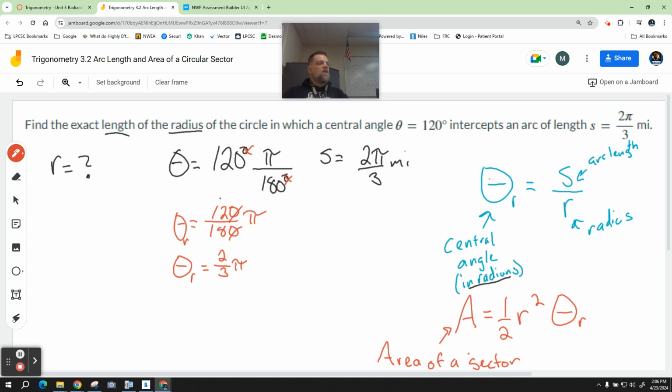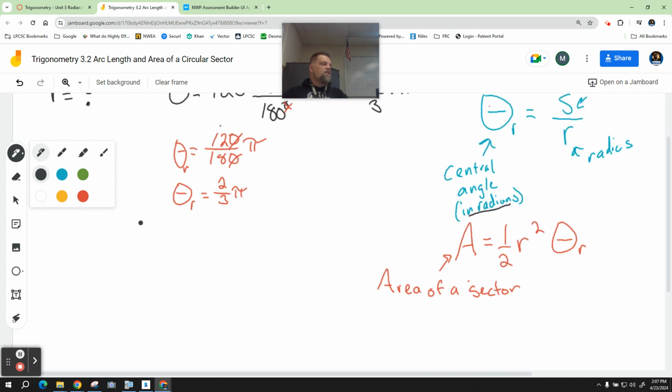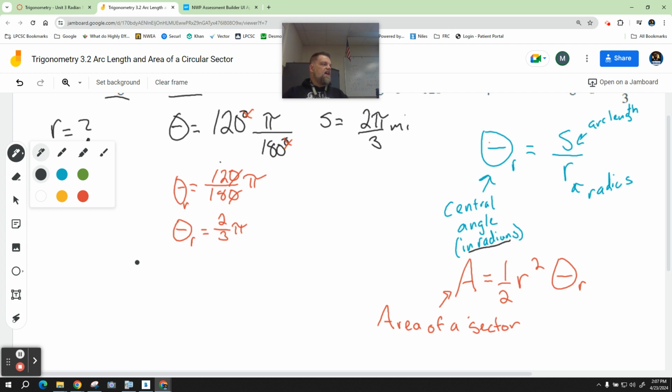All right, so I'm going to use this formula and plug the numbers in. Now this adds another element of tomfoolery and shenanigans in the sense that my formula is theta is equal to the arc length over the radius.